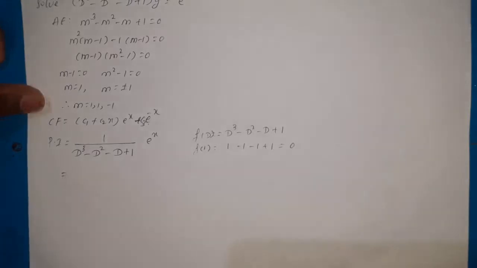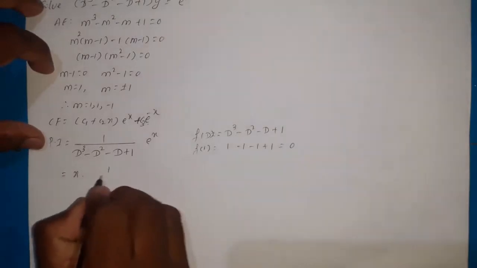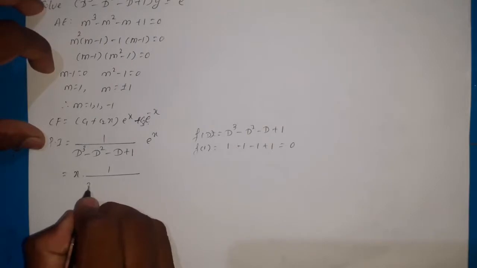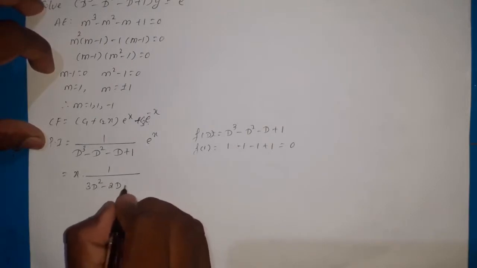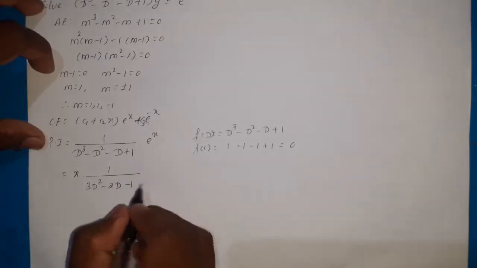Whenever the denominator is equal to 0 for the value of a, we need to differentiate that once. Then it is x into 1 divided by the differentiation of the denominator, that is 3D square minus 2D minus 1, e power x. The differentiation of 1 is 0.